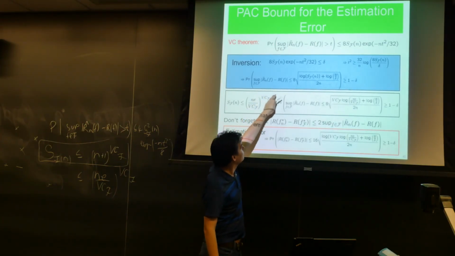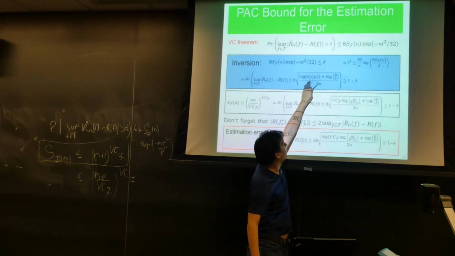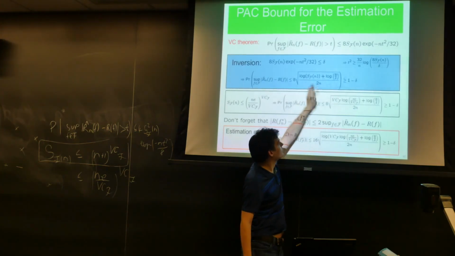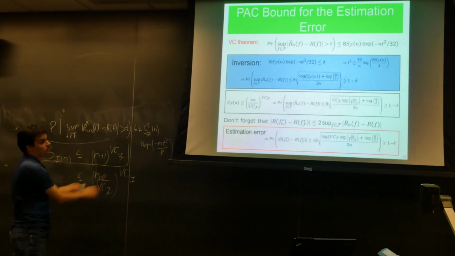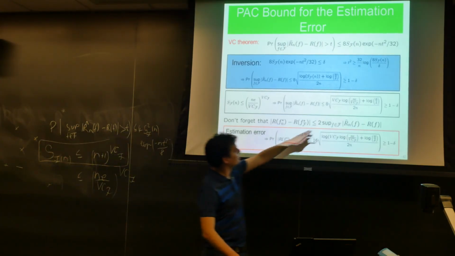And again, we just need to bound the log of the shattering coefficients. In this case, for example, we can choose this inequality instead of this, it doesn't matter too much.